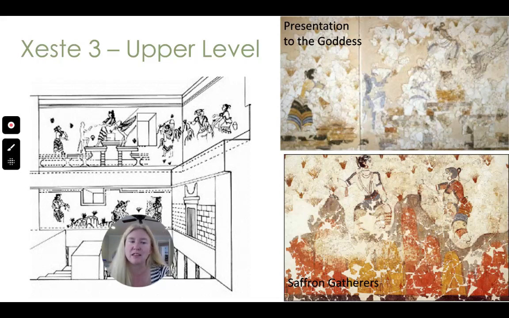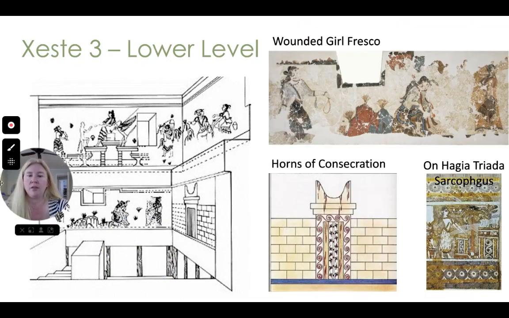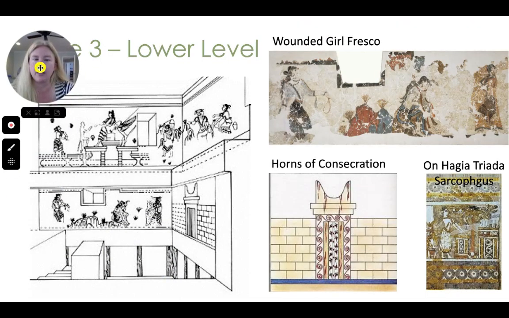This is something that we wouldn't be able to get from literature. We don't have any literature from the Minoans. We don't know any of their stories. We don't know any of their mythology. This right here is 100% as close as we are going to get. So now we're seeing something that they are doing with their religious life. So we're going to put that together with these ones underneath, okay?